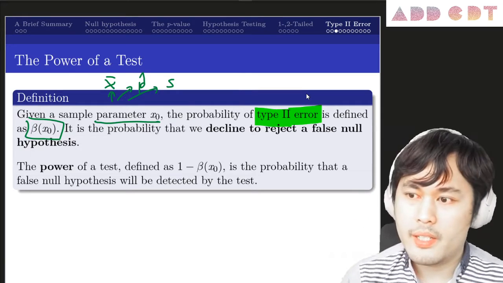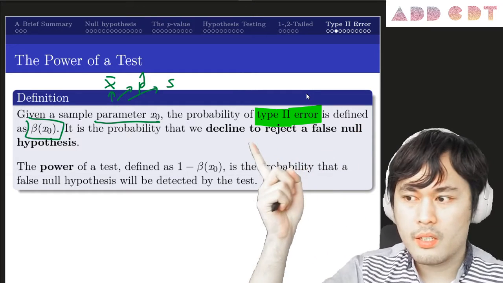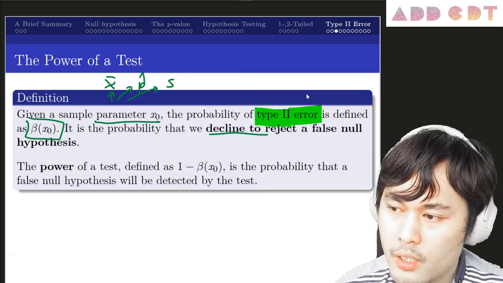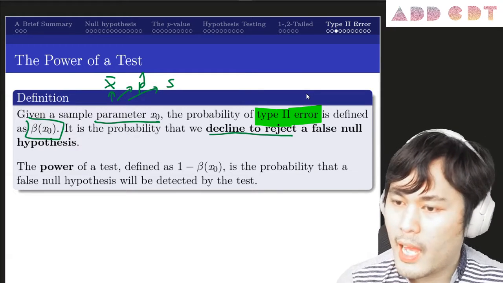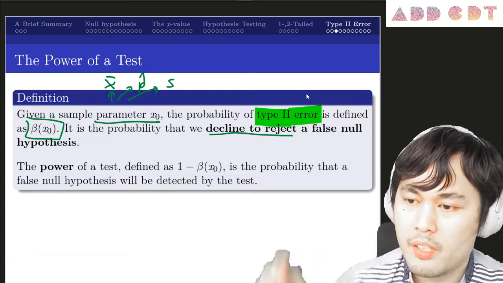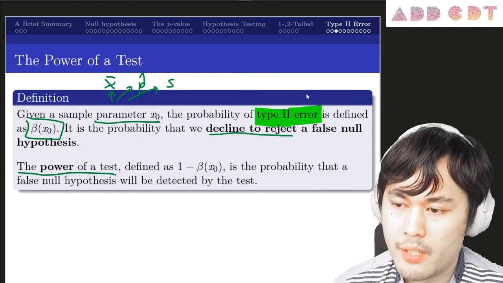And that beta is the entry on the upper right, and that corresponds to the case when we decline to reject, when we choose to not reject a false hypothesis. That's going to be a single number beta. And then we have the power of a test.